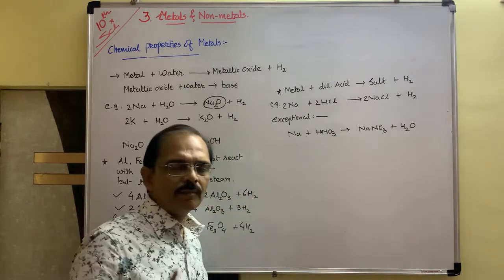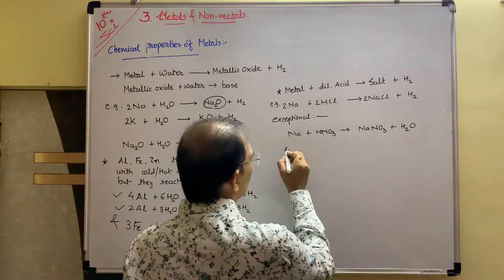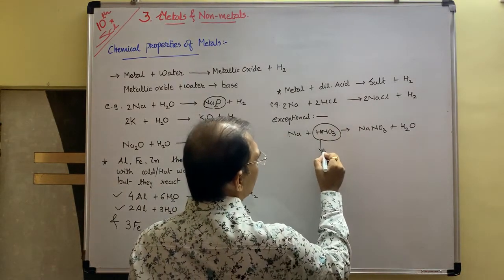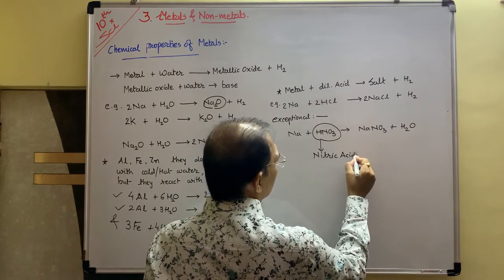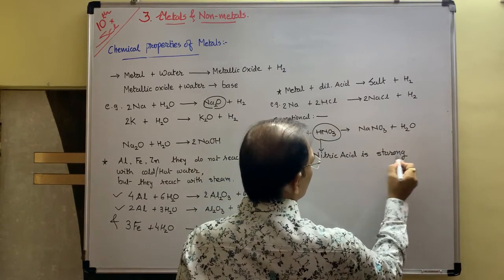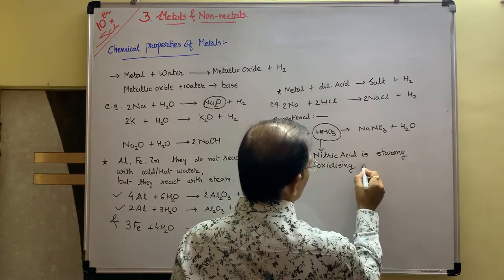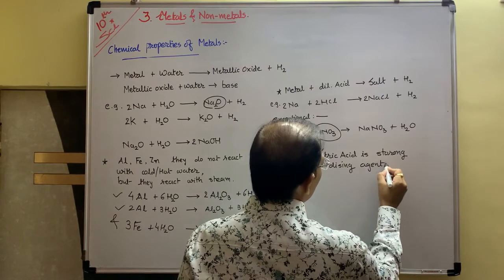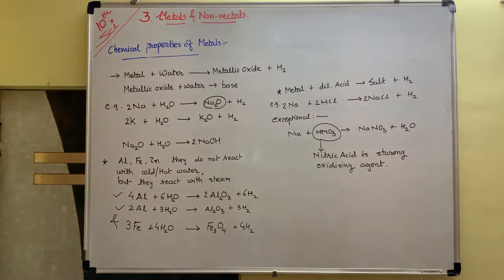Here, remember, hydrogen gas is not released. The reason is what? Nitric acid is a strong oxidizing agent, and that's why it never produces hydrogen gas. This is also an exceptional case.